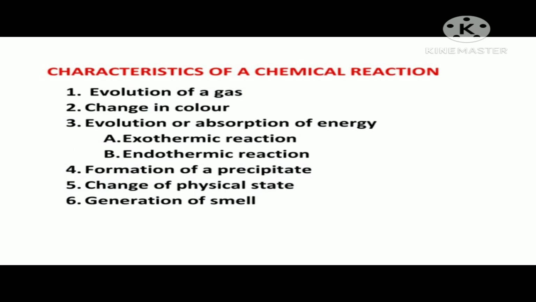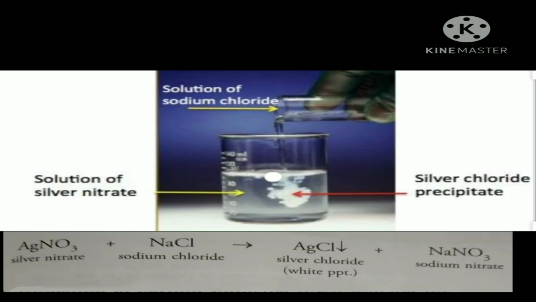So let's discuss some examples of chemical reactions where a precipitate is formed. The first example is the reaction of silver nitrate and sodium chloride. When silver nitrate and sodium chloride react, they produce a white precipitate of silver chloride.